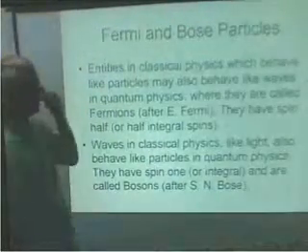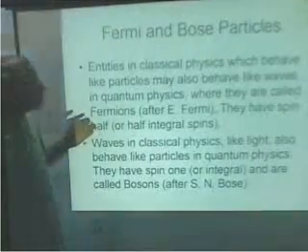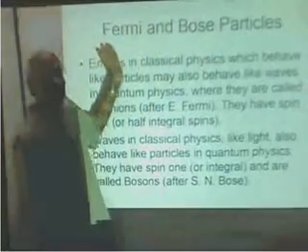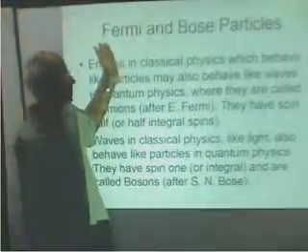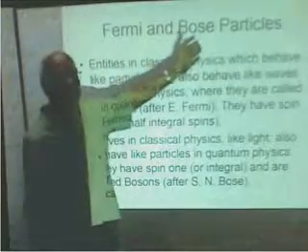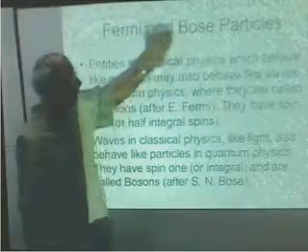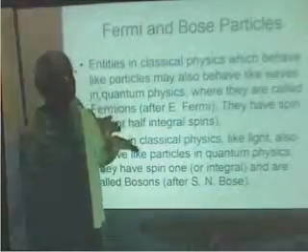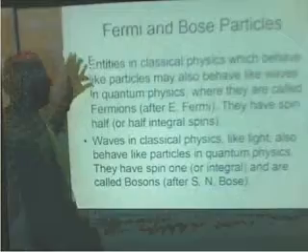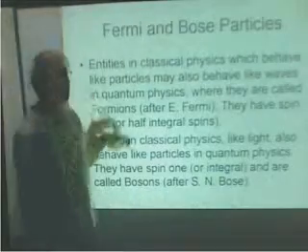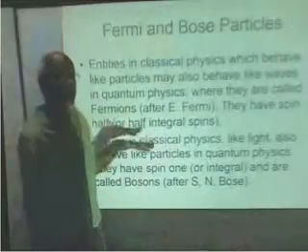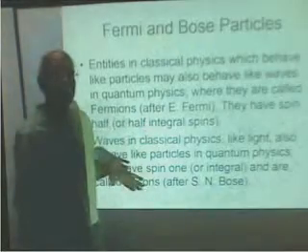Now, in nature, there are actually two types of particles. One is called the Fermi particle, the other is called the Bose particle. Fermi is named after Enrico Fermi, who was an extremely famous physicist. Bose is named after Satyendranath Bose, who was an Indian who really gave the original idea of what is now called Bose-Einstein statistics. Now, entities in classical physics, like electrons, behave like billiard balls in classical physics, but they behave like waves when you go to quantum mechanics.